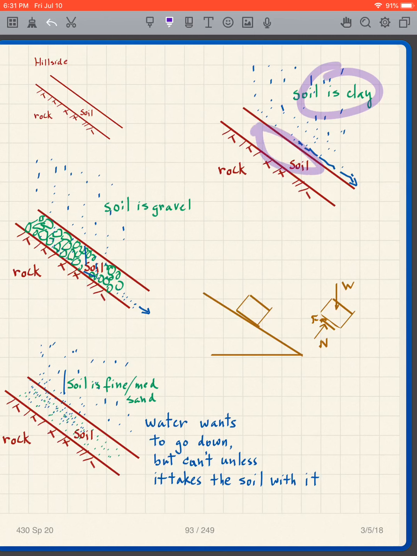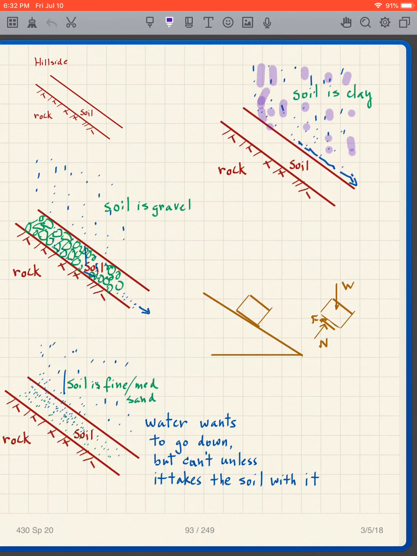If this soil is clay, what happens? The rain comes down, and what do we know about clay and water? It's tough to get water out of clay. It's also tough to get water into clay, in a sense. So if this is clay, then the water is going to come down and run right off the top and go down.